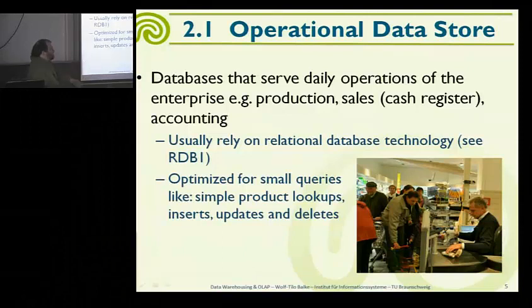This is where the customer management of insurance companies is done, right? So this is where the actual work happens. And this is very classical relational database technology. So OLTP databases, the online transaction processing databases, are very relational in what they do, right?